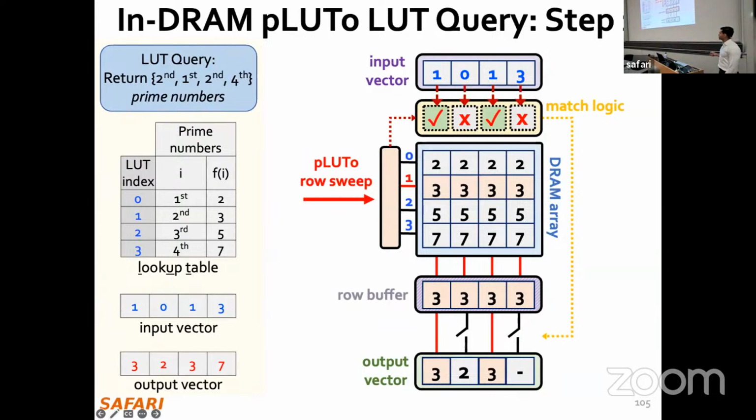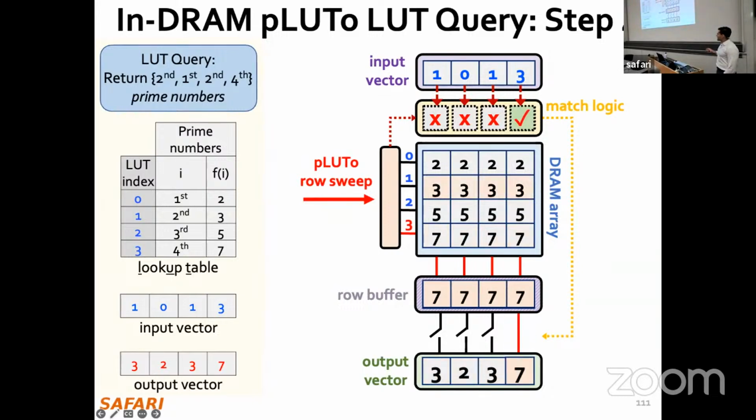Then I move to the next row, row 2. The data is copied to the local row buffer, but I have no match in my input vector, so I'm not querying the third prime number in my lookup table query. And then I finally move to the last row, the fourth row, index 3, and then I'm going to have a match in the last position of my input vector.